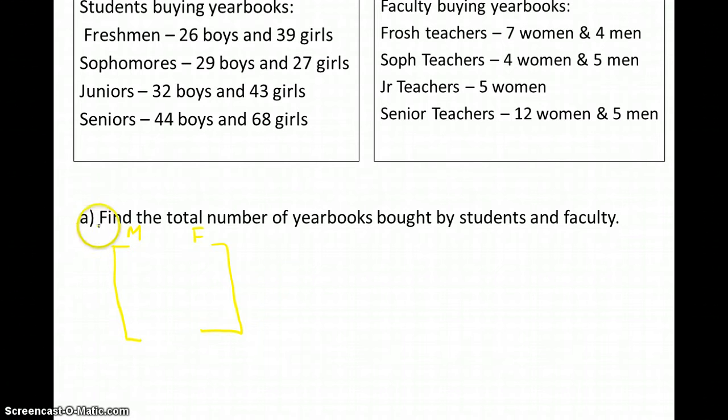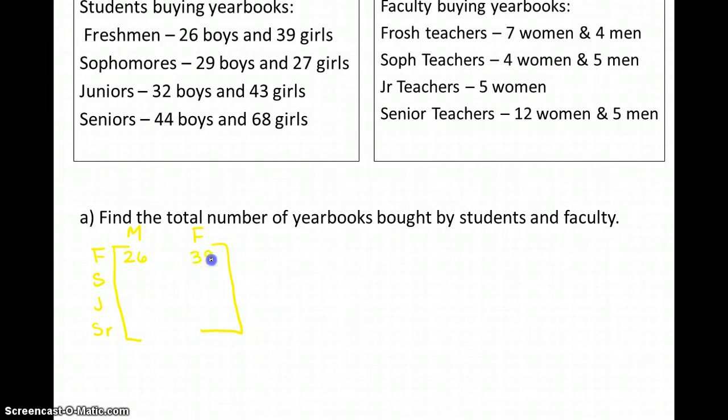The first category is freshmen. So I'm going to use an F for the first year students. I'll use an S for sophomores, a J for juniors, and an SR for seniors. This is labeling correctly. From here, if there were 26 freshman males, I'd put that value there.